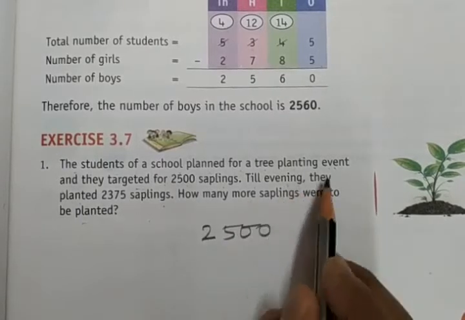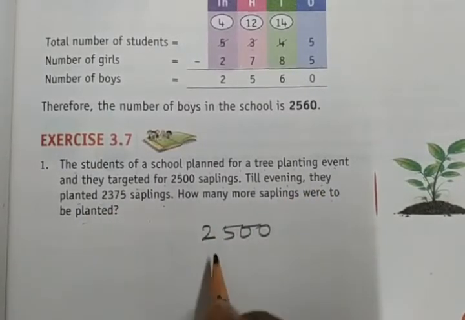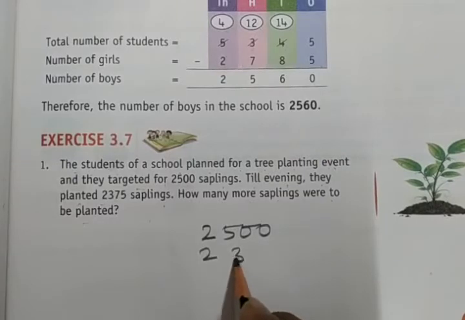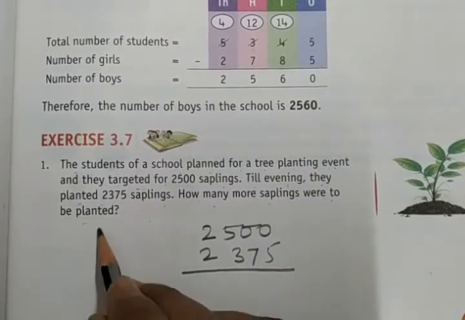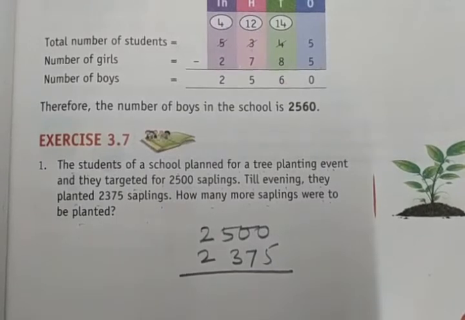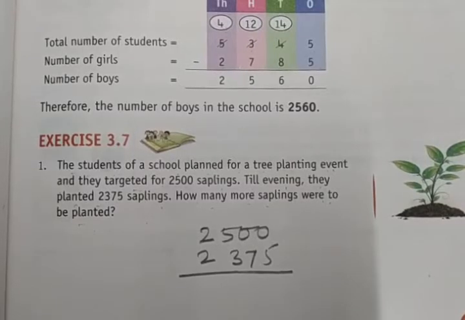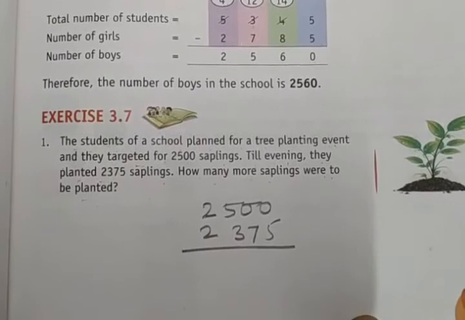Till evening they have planted 2,375. Then how many more saplings were to be planted? It is the difference of the total targeted value and how many saplings were planted up to evening. You give the remaining amount, the remaining saplings to be planted.